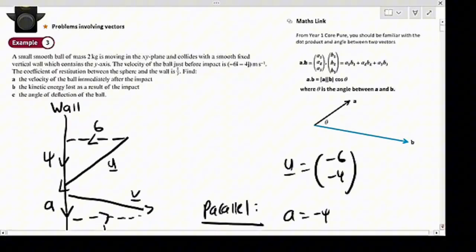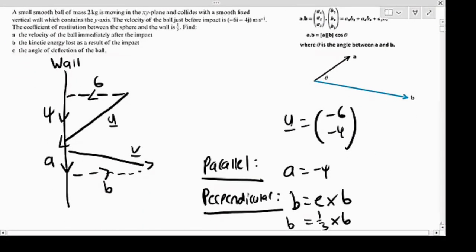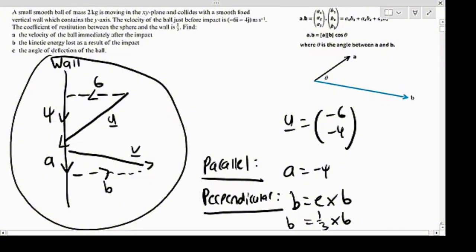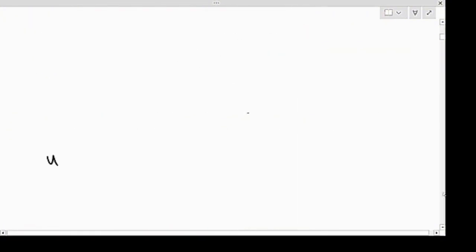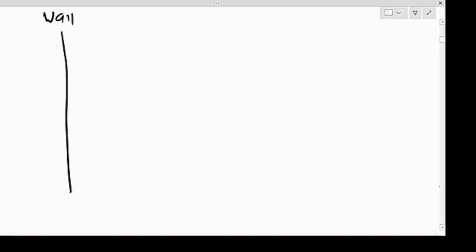Now, if I just redraw this diagram, to help you see clearly what the angle deflection is going to be. So this is my wall. Initially the vector was u, which looked like this. And then we had v like that.